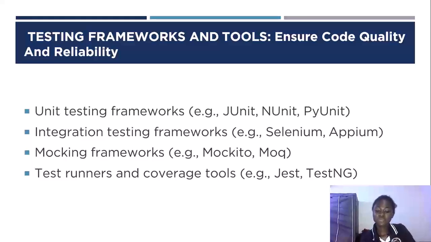A mocking framework is a tool that allows developers to create mock objects to simulate the behavior of real objects in a unit test. Examples are Jest, TestNG, and JMock.